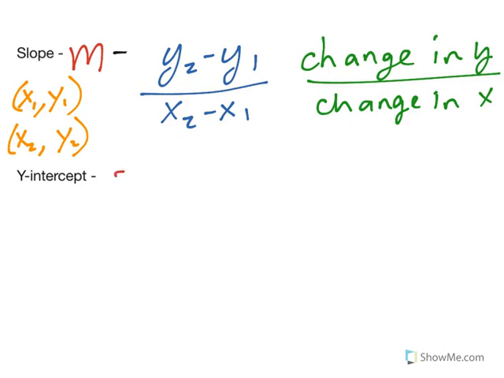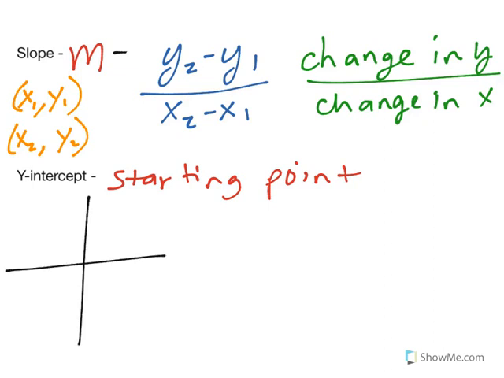our starting point. Okay, and if you think about a graph, so if I just draw a coordinate plane here, the y-intercept is where our graph crosses the y-axis. So our y-axis is the vertical axis. So if I draw some points on here, this point right here has the ordered pair (0, 1).